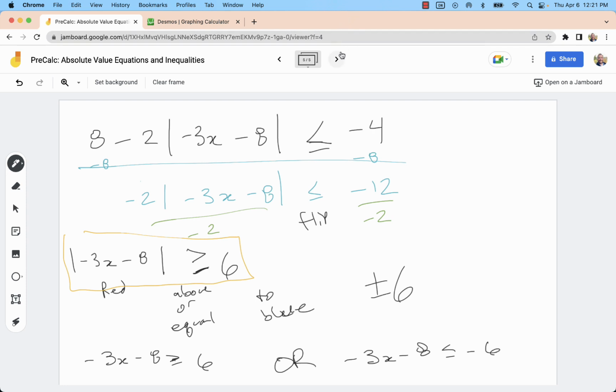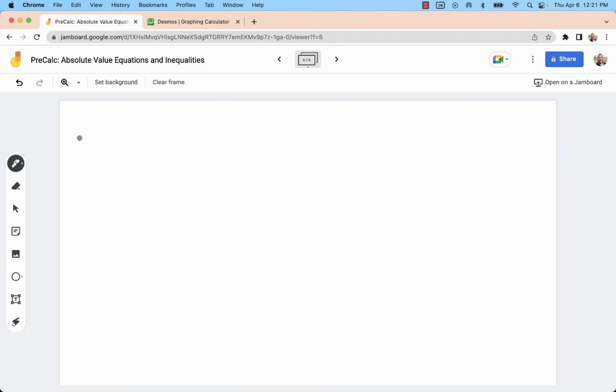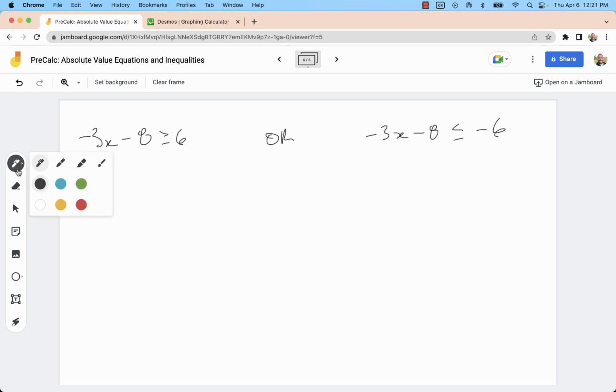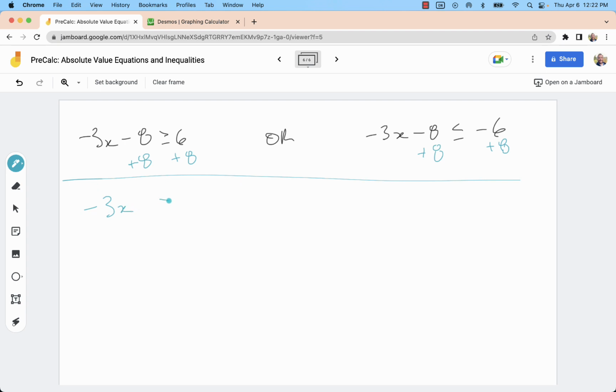And now we solve these two inequalities with those same two steps. And it is adding 8 and dividing by negative 3, making sure we flip our inequality direction around when we divide by that negative. So that will be the next step.